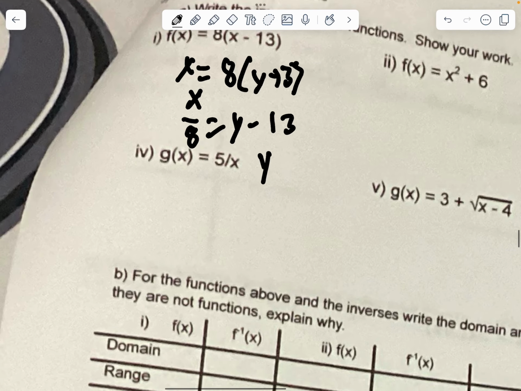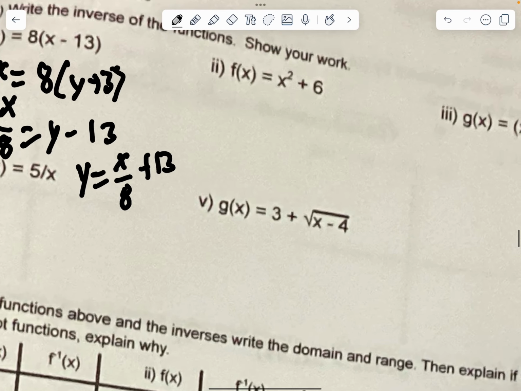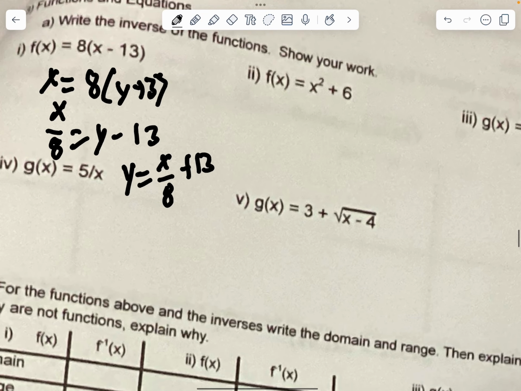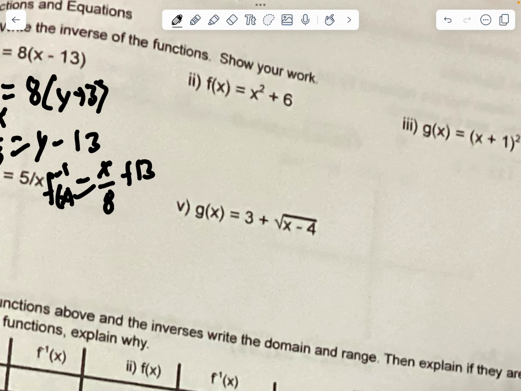So y equals x over 8 plus 13. That's the inverse. f negative 1 of x, whatever, I'll just write it as y from now on.